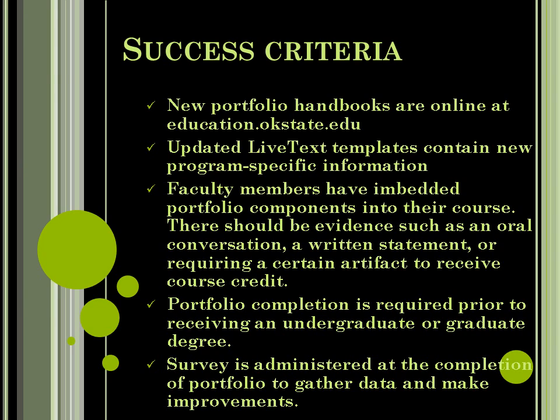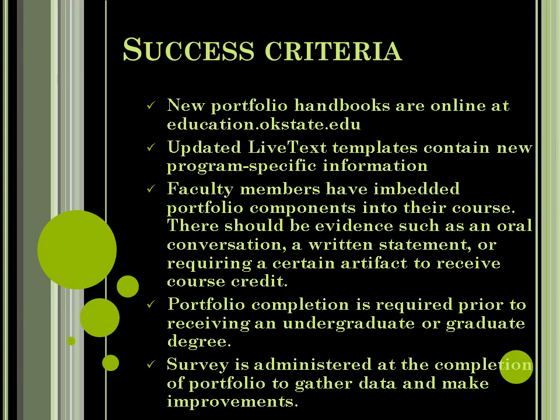Like I said earlier, this is an ongoing project, but I did in this process determine several success criteria. So in order for this project to be successful, we need to have new portfolio handbooks online at education.okstate.edu, updated LiveText templates with new program-specific information.